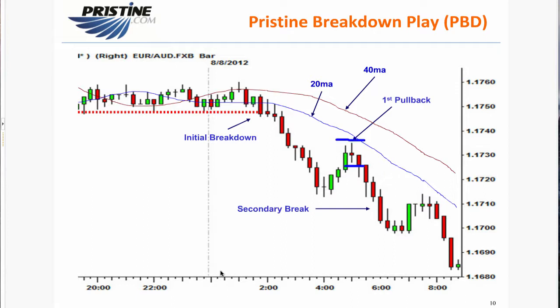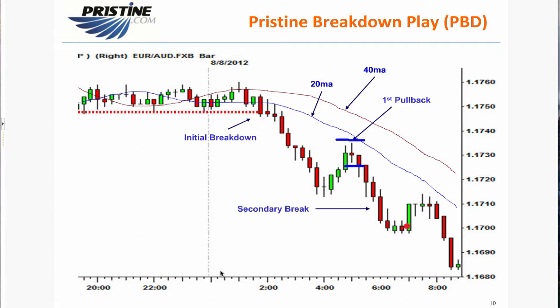And then again, to our earlier conversation, if you just had your target or even an initial target at this prior low, your risk reward is 1-to-1 at best. That's not what you want to be looking for. Right? You should be looking for it to continue lower.